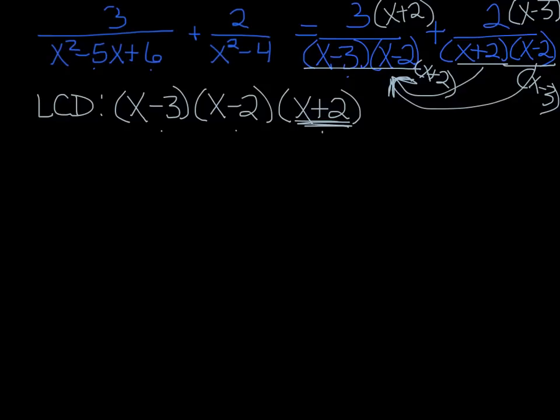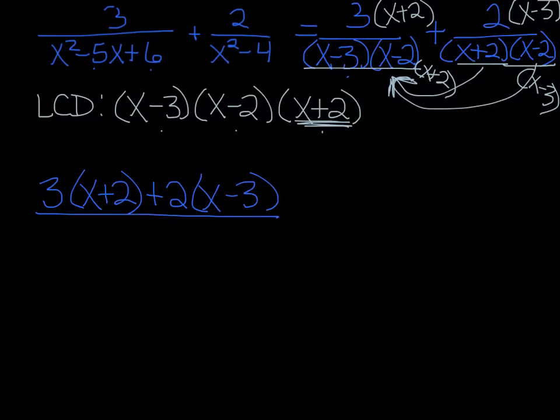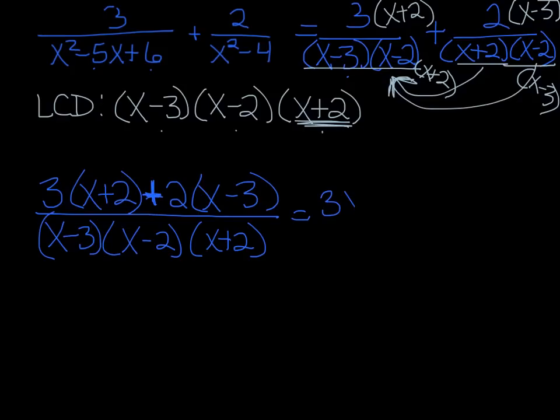Okay, so I've got 3 times (x plus 2) plus 2 times (x minus 3), all over my common denominator of (x minus 3)(x minus 2)(x plus 2). Remember, leave that factored. Don't mess with the bottom there. But the top, because I've got this plus in the middle of it, I do want to make that 3x plus 6 plus 2x minus 6 over my lowest common denominator.